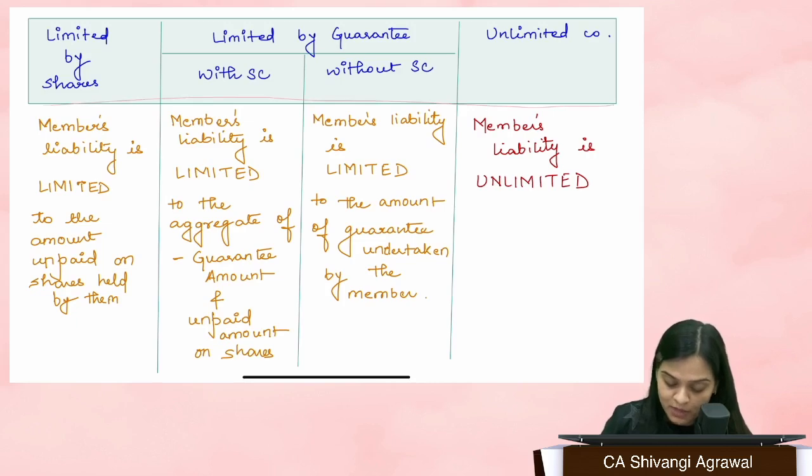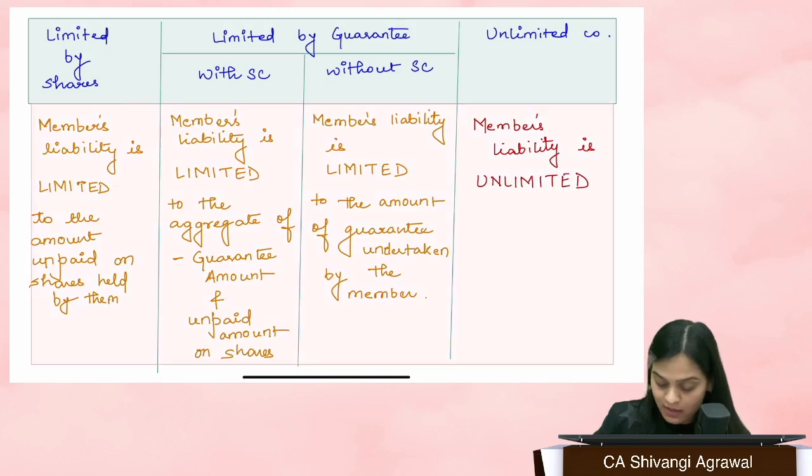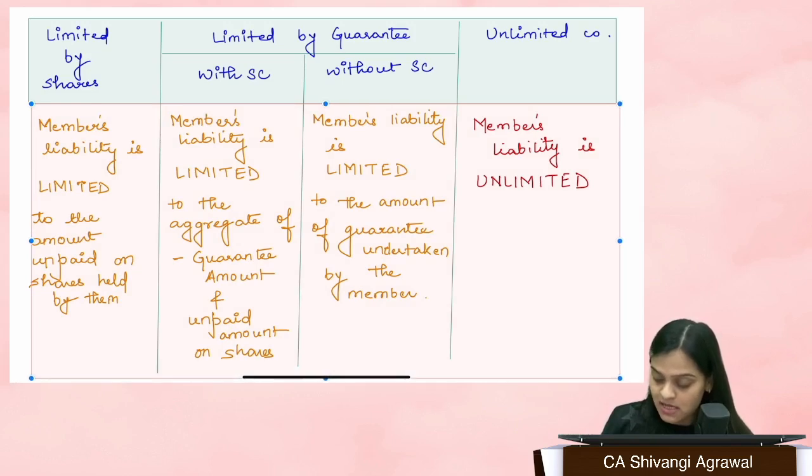So we have the companies which are formed as limited companies only. We don't have unlimited companies which are being formed, because here you don't get the benefit of limited liability, and that is one of the major advantages of forming a company, right? So here in this case, members liability is unlimited.